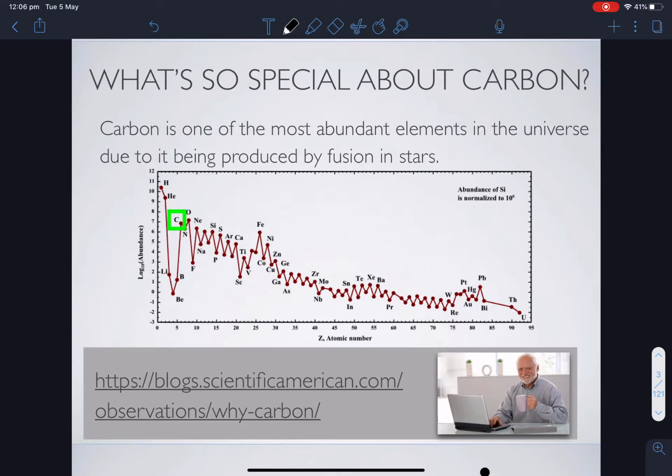So the abundance for all these elements is up and down, depending on all these nuclear reactions in stars. But carbon is one of the most abundant endpoints.